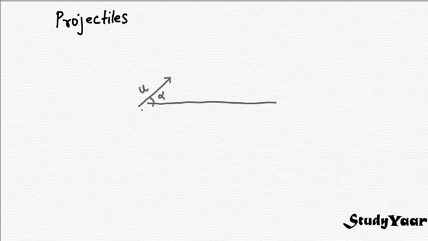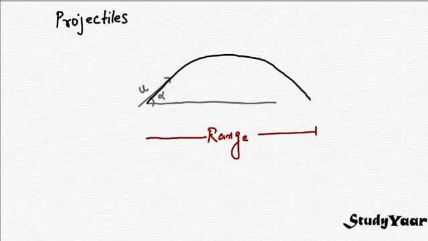My stone is going to traverse a trajectory which is going to be like this. I want to find out what is the range of this trajectory, what is the maximum height that is achieved, and what is the time that it took to reach from this point to this point.